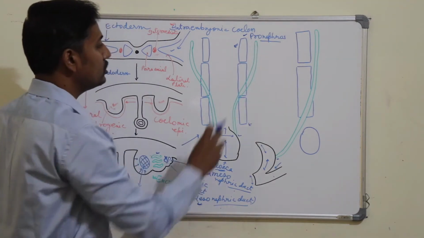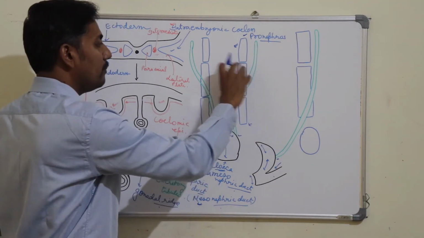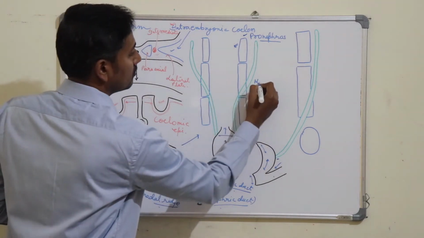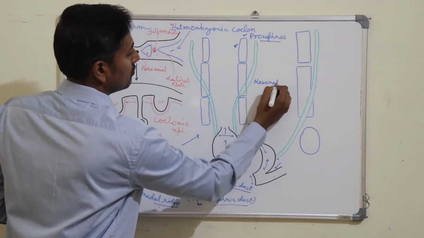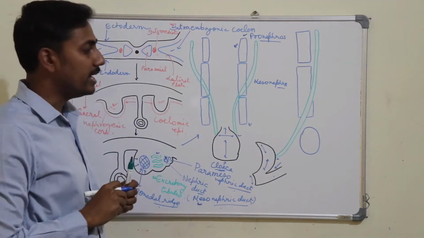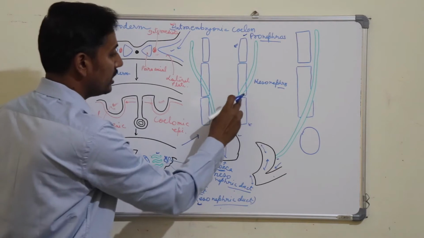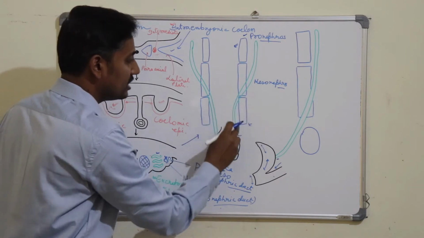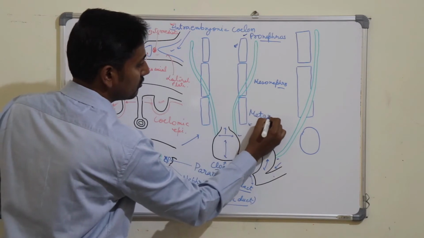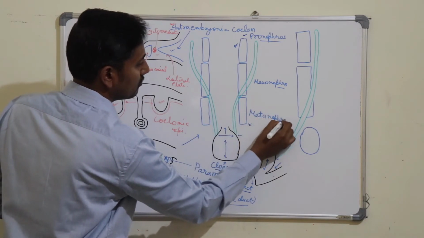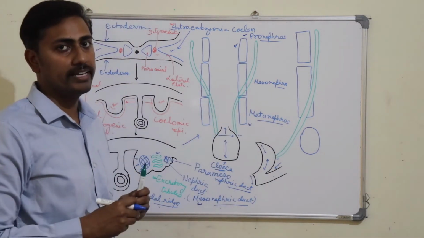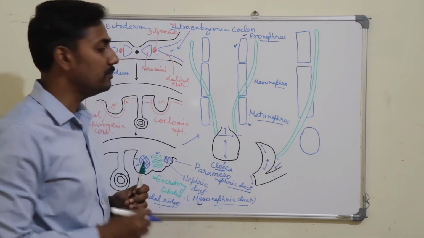The excretory tubules in the thoracolumbar region are known as the mesonephros. And the excretory tubules in the sacral region are known as the metanephros, also called the metanephric blastema.